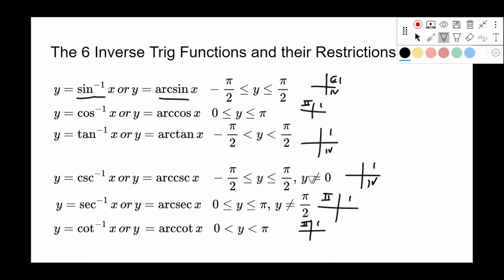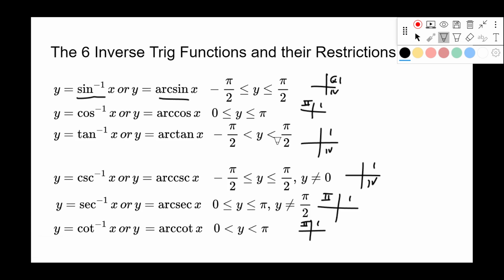And you see some of these restrictions here, like y can't be 0, y can't be pi over 2. That's because these are the angles that make, for example, cosecant undefined, or secant at pi over 2 is undefined. We don't talk about undefined here. Same thing with this.